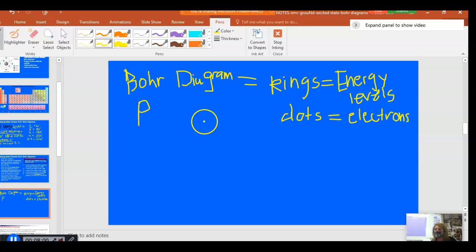So the first thing we need to know is how many protons phosphorus has. So make sure your periodic table is handy. And somebody shout it out. How many protons? There are 15 protons. We definitely need to know that. I'm just going to write it off to the side here.